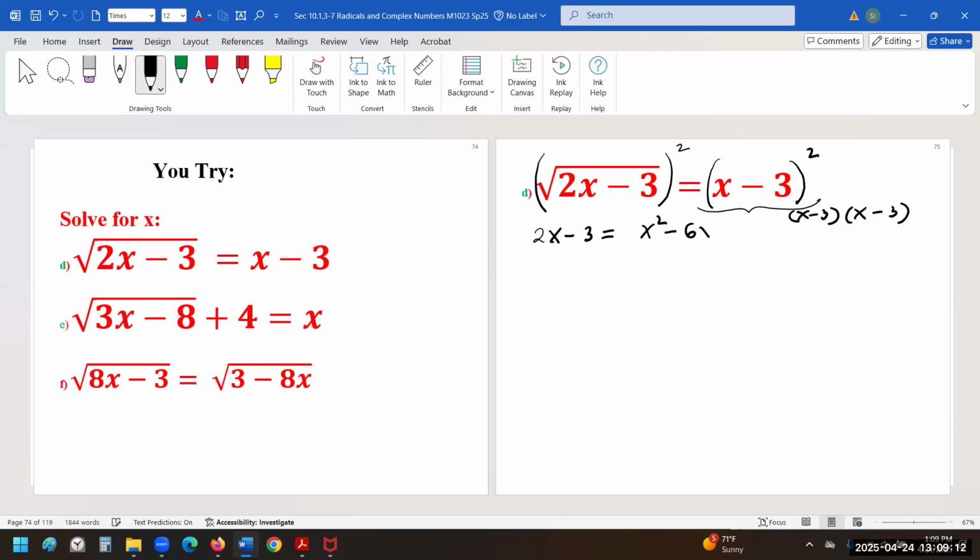It's x minus 3 times x minus 3. So we get x squared minus 6x plus 9. So minus 2x plus, minus 8x plus 12, and one side becomes 0.